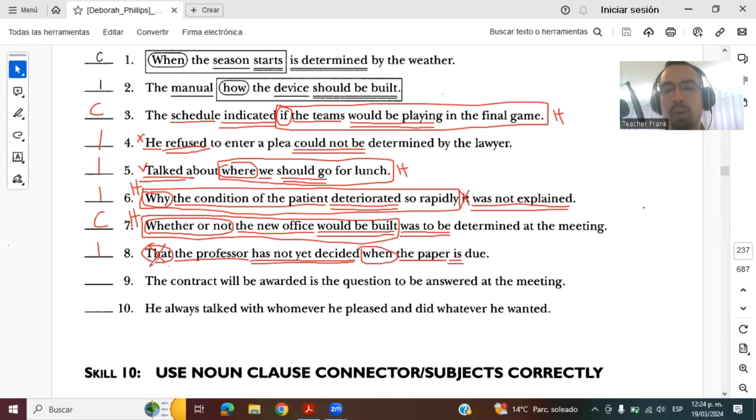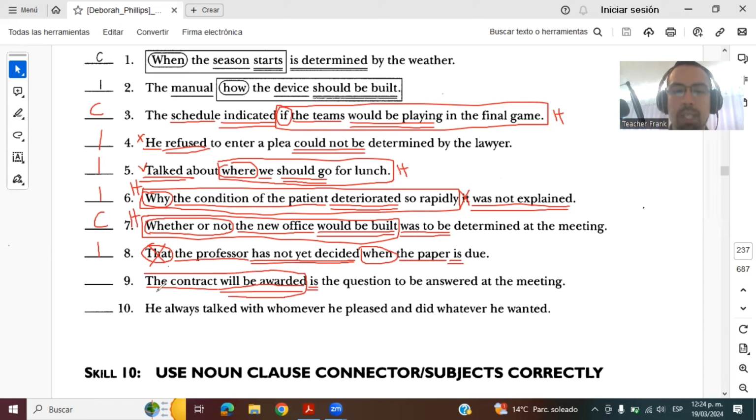Let's look at number 9. The contract will be awarded is the question to be answered at the meeting. The contract will be awarded is my first verb. Who or what will be awarded? The contract. We have is, which is a second verb. We could say who or what is the question. The contract will be awarded is potentially my noun clause.